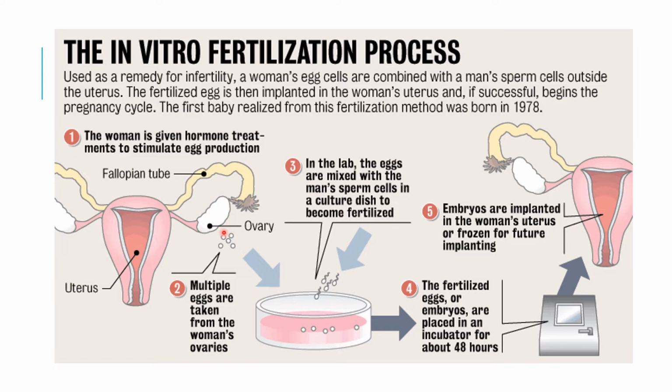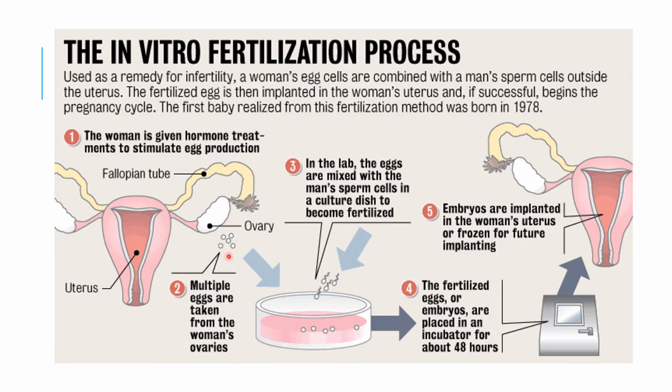Instead of one single egg, multiple eggs are collected from the ovary, and then those eggs are fused with sperms in a petri plate. So when we talk about multiple eggs, this is not natural. It has to be stimulated. The ovary has to be stimulated or hyperstimulated to produce multiple eggs in one single menstrual cycle, because the female body has to be prepared.